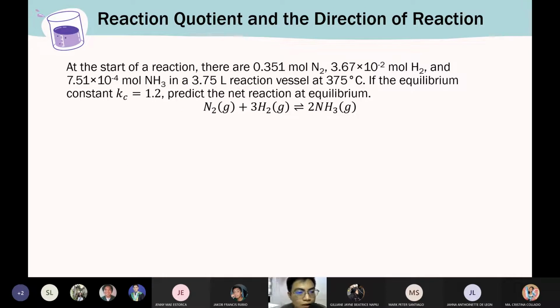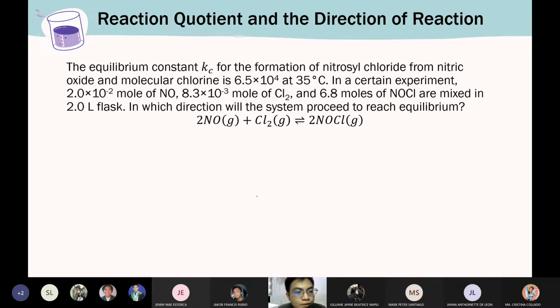So, we'll continue with the next problem, which is this one. Let me read. The equilibrium constant Kc for the formation of nitrosyl chloride from nitric oxide and molecular chlorine is 6.5 times 10 raised to 4 at 35 degrees Celsius.